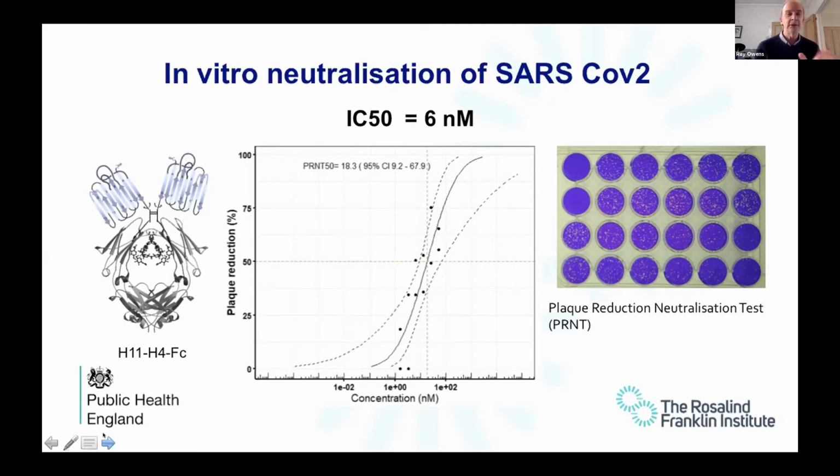Now, at the time, this is going back a few months, this was one of the most potent neutralizing activities that had been disclosed. I think a lot of the human antibodies now have come through with increased potency, but at the time, this was, I'd say, a bit of a pathfinder and also obviously based on a nanobody species only.